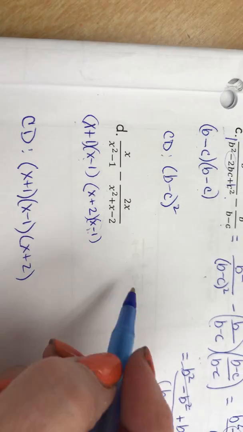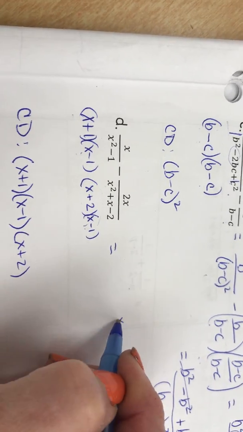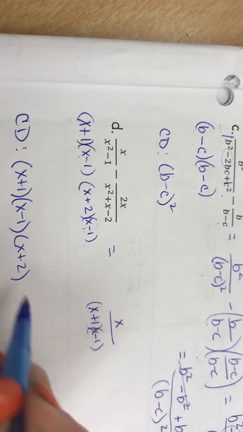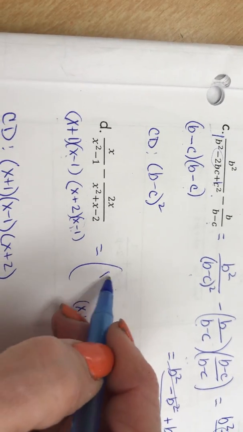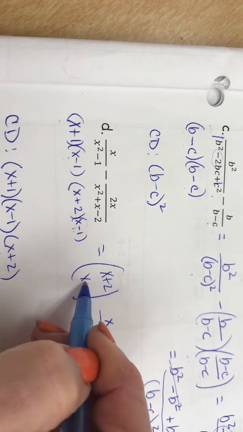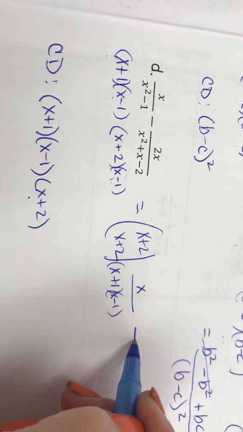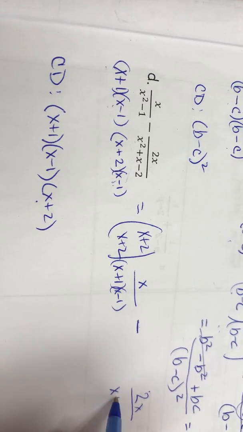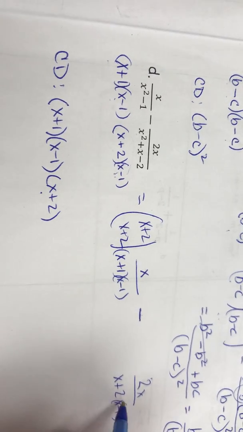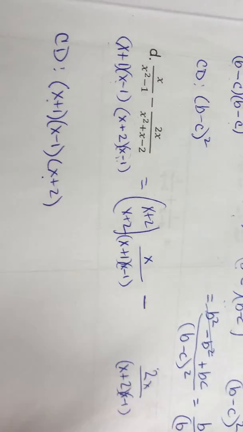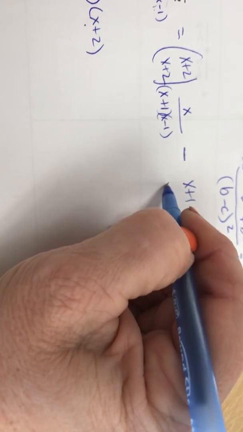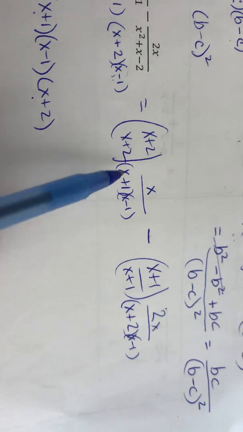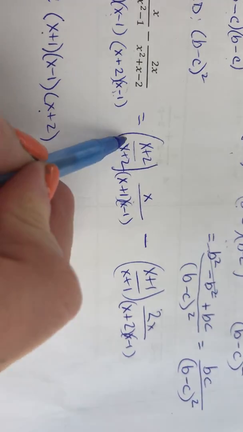That's my new common denominator, which means my first fraction of x plus 1, x minus 1's denominator needs x plus 2. Minus my next fraction of 2x over x plus 2, x minus 1 is missing the x plus 1. Okay? Now, some teachers write it in front, some write it behind.